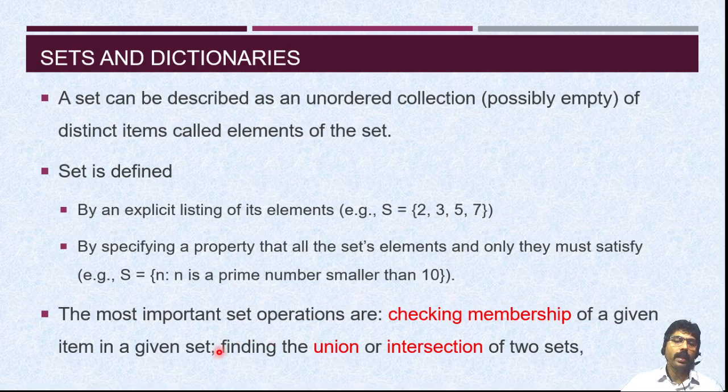The next ones are finding the union and intersection. Union means joining two sets. Intersection means the common elements in two sets. Such operations can be applied on sets.